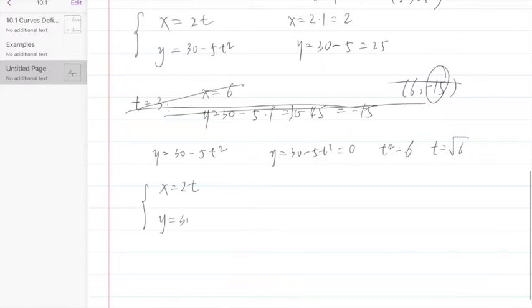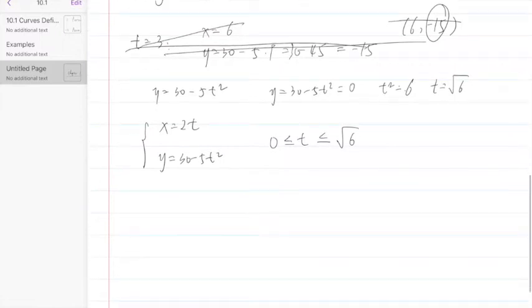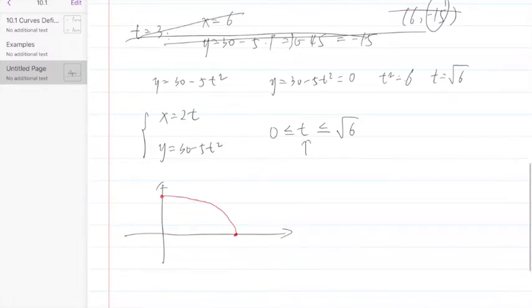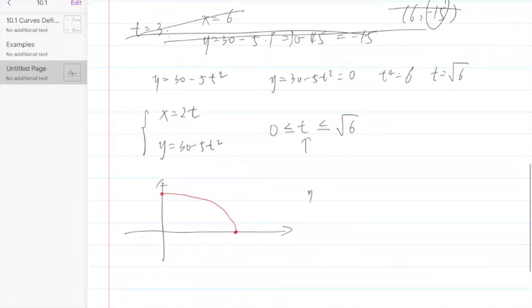So, to describe the motion, we can use this as a formula, and we can tell people we start from t equal to 0, go all the way to the square root of 6, and that should give us the trajectory. Because if you plug in any t in this interval, you will have the corresponding location. That means you know every single location starting from here all the way down to here. Sounds good? So that tells us everything about this trajectory.